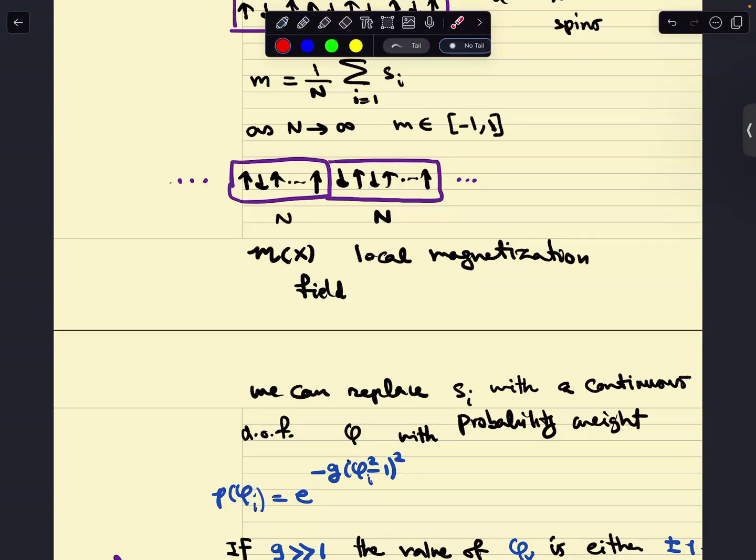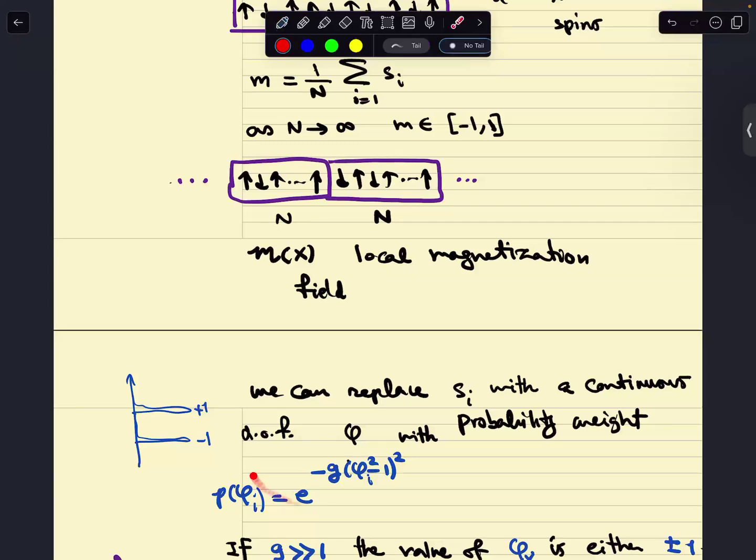When I was just taking my state to be up or down, now I'm going to take phi of I, a continuous variable, and introduce a weight associated with it, which is e to the minus g times phi of I squared minus 1, squared. If g is very large, this probability measure basically tells you that the field phi pretty much takes two values, +1 or -1.